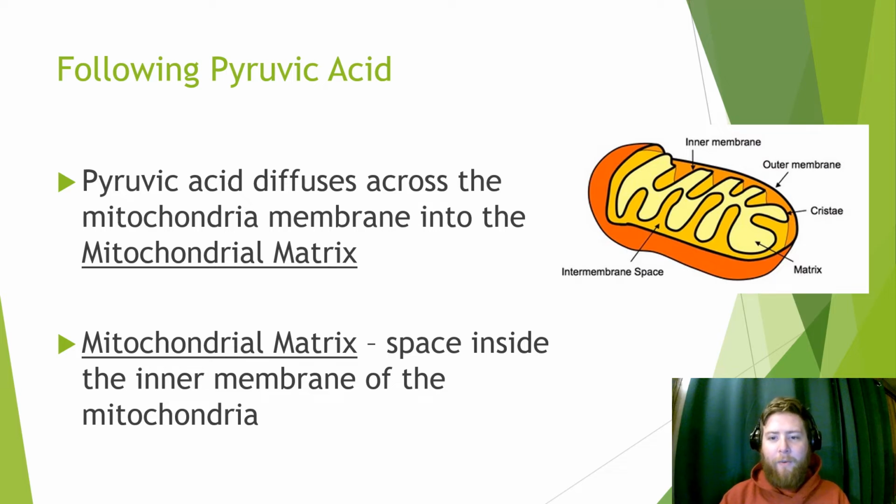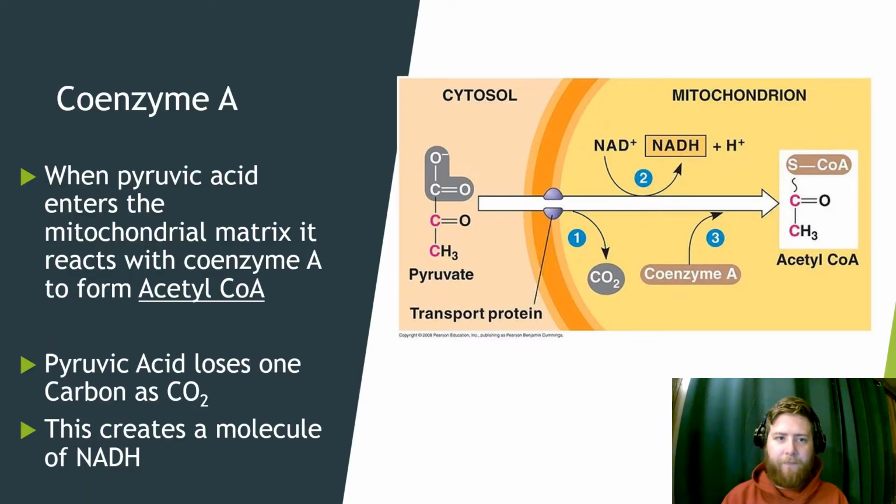All right, so now we're taking this pyruvic acid. It diffuses across the mitochondrial membrane into this matrix, this yellow, fluid-filled space inside of the mitochondria. So anytime you see matrix, think space. The mitochondrial matrix is just the space on the inside of the mitochondria. Another important step: this pyruvic acid reacts with coenzyme A, which is an enzyme, to create acetyl-CoA.